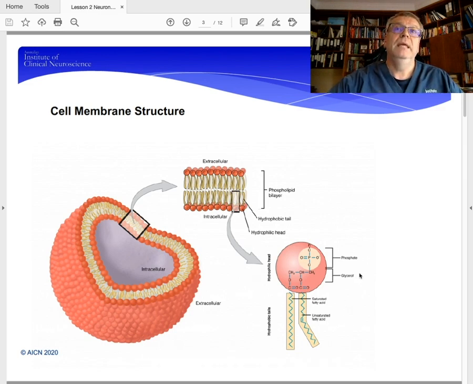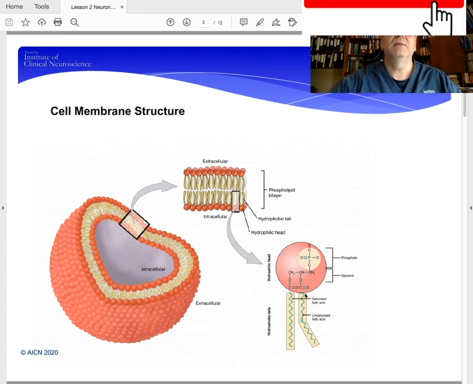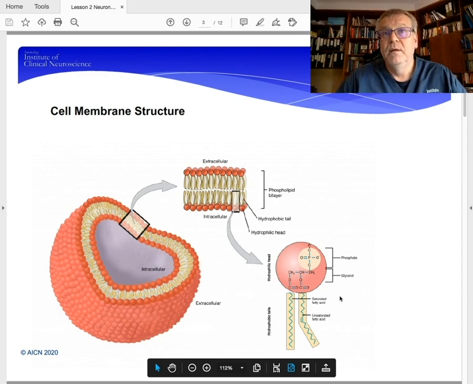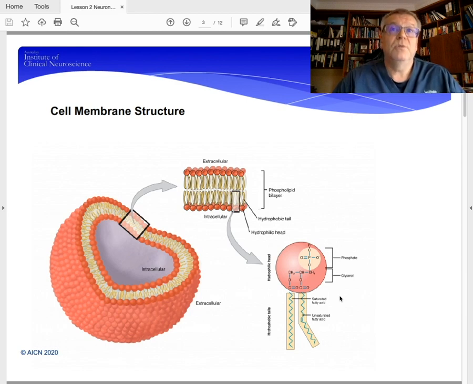So the hydrophilic end of the phospholipid is composed of phosphate and glycerol, with the chemical structures shown here in the slide.